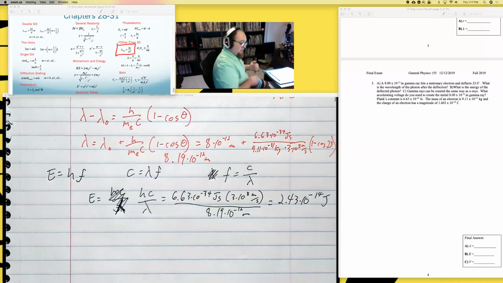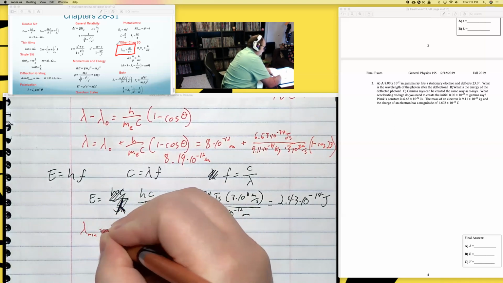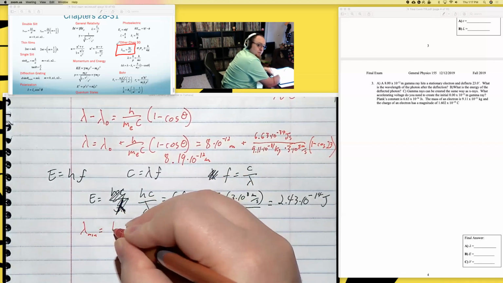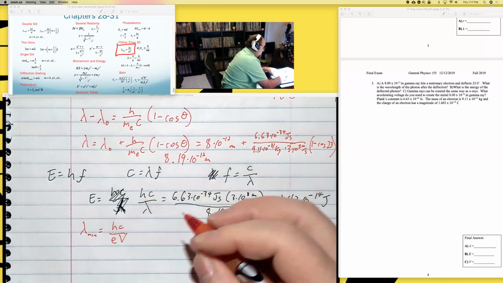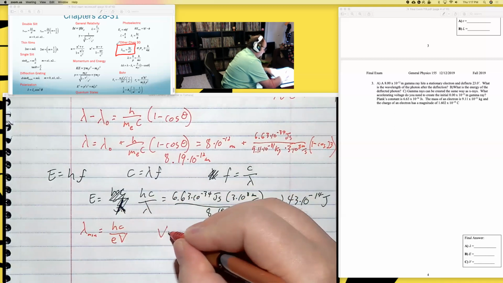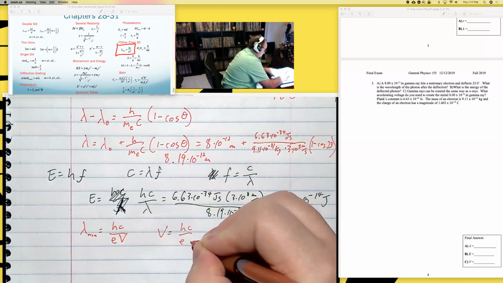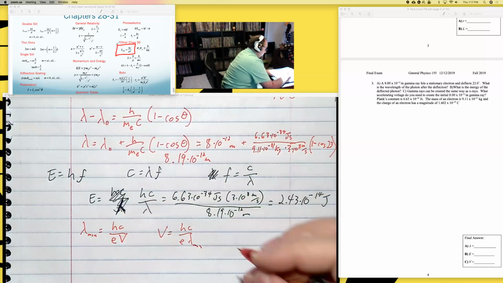I'm going to take that equation, and it's lambda min, the lowest it can be. I'm going to multiply both sides by V, divide both sides by lambda, and just plug in.